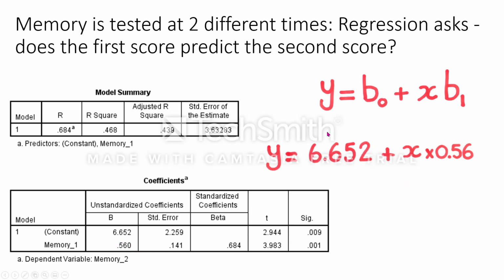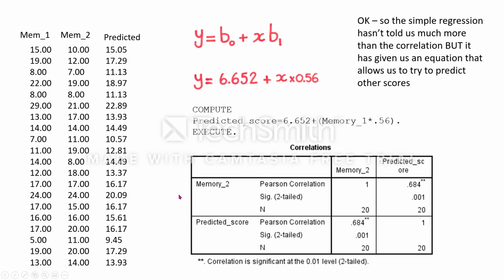And that procedure should start to reliably predict values of y. So, just to break that down, if we were entering data into SPSS, our memory scores at time 1, we've got our memory scores at time 2. We take this equation here, and then for each of these pairs of numbers, we calculate the predicted value. You would end up with these numbers.